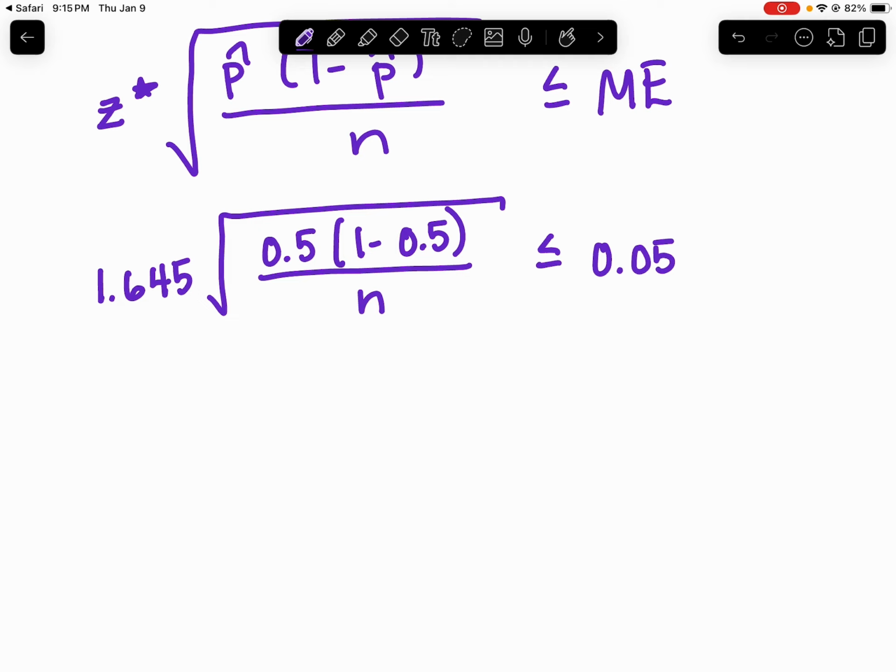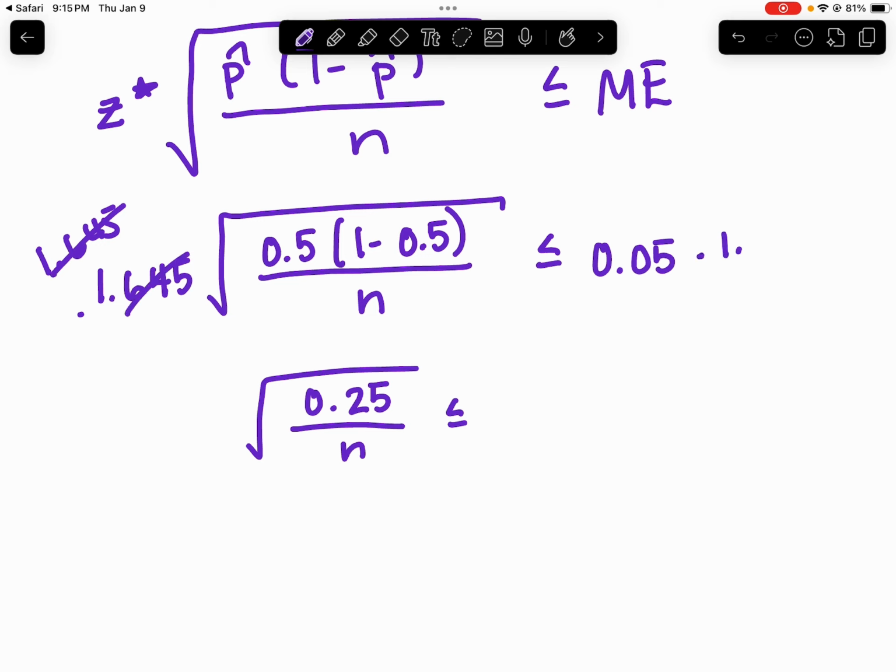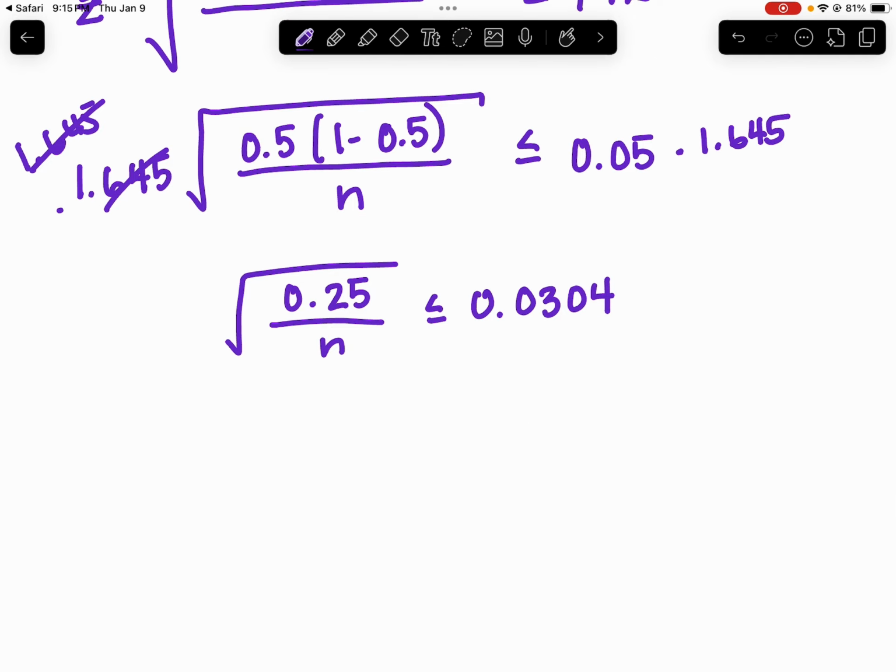And then I'm also going to simplify under the square root a little bit. So the square root of 0.25 divided by n, less than or equal to, multiplying both of those, I get 0.0304. Now I have to get rid of my square root, so I have to square both sides.